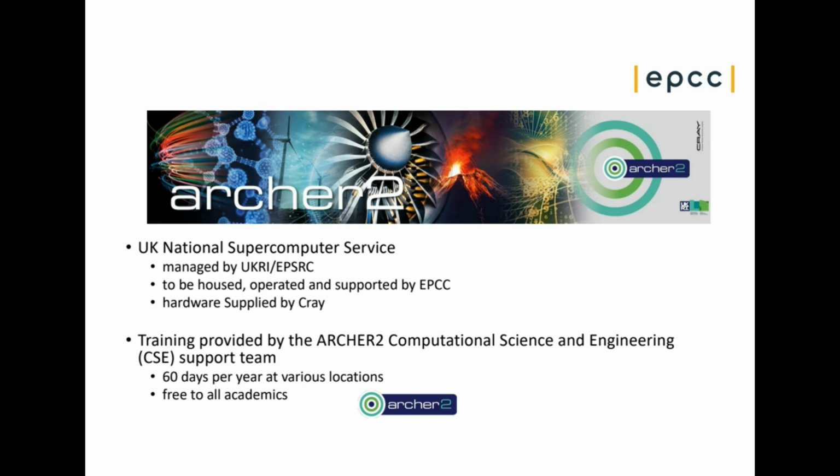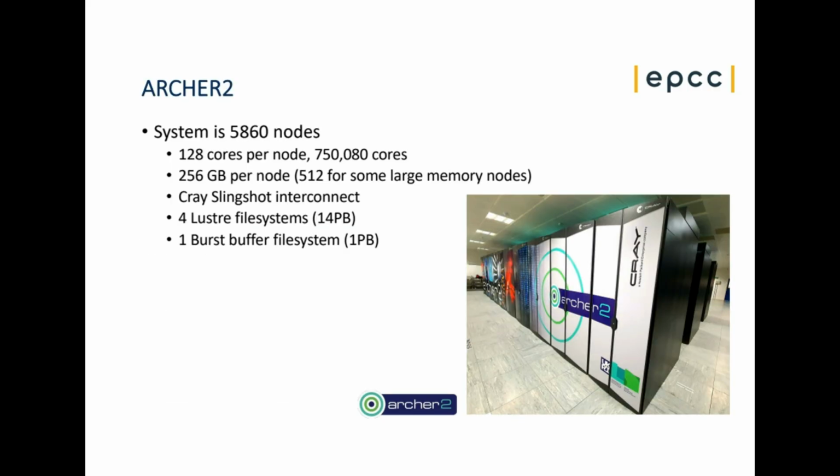I won't spend too much time talking about ARCHER2. I'm sure most of you are familiar with it. It's the UK's national supercomputing service, and it's been around for a while now. So just a few numbers about it. The system has 5,860 nodes with 128 cores per node.